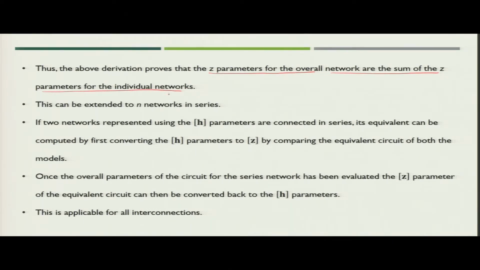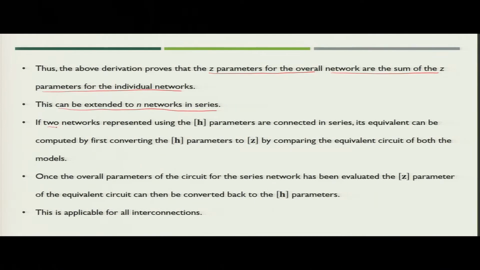Now whatever we discussed was for two port networks, we can extend it to n sub networks which are part of the overall network of the system.